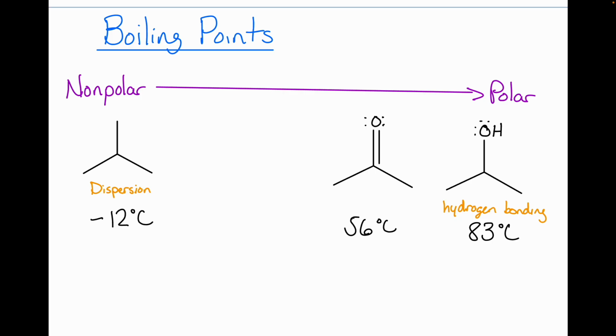And again, not as strong of interactions because this thing can only dipole-dipole interact with its neighbors. Okay, so yes, definitely on the more polar end of the spectrum here, just not quite as strong as our polar functional groups that can hydrogen bond. Still way stronger than our dispersion forces.